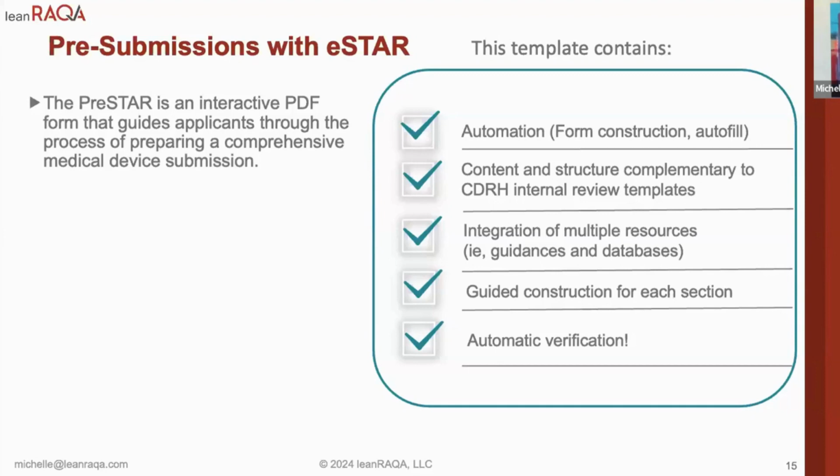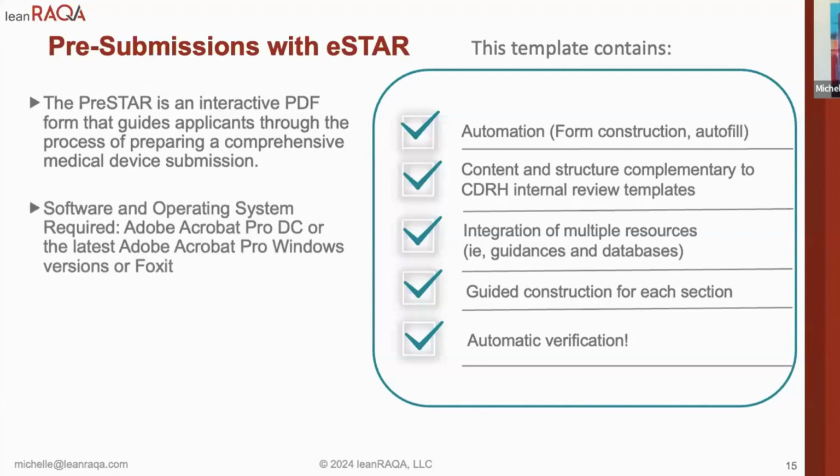It also integrates multiple FDA resources like guidance documents, databases, and help text, and guides you through the construction of each section of the submission. At the end, it has an automatic verification where you can tell whether you fully completed the sections in a way that the FDA might perceive as technically complete as well. And so it'll go from red to green.